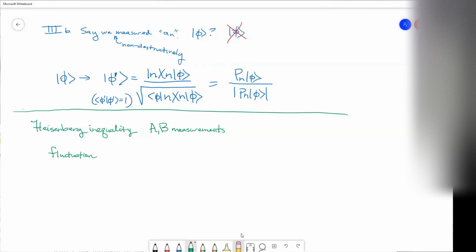It's kind of like the variance, if you're familiar with probability. What it is, you take the average of A squared with respect to the state of your system, and you subtract off the average of A, squared, right? These are different things. Here you're squaring the average, here you're squaring the operator and then taking the average.